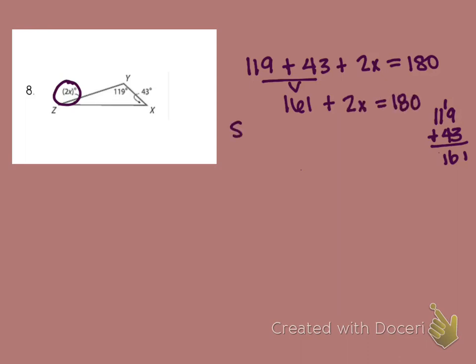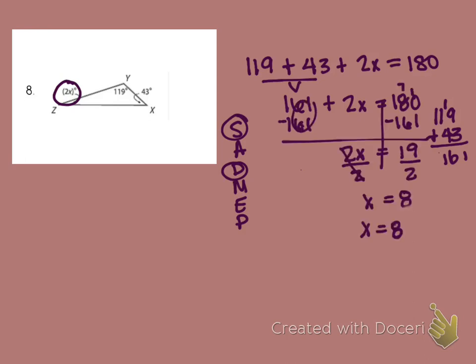So now we're relying on SADMEP to know what to do. This 161 is positive, so that means we're going to subtract. And 2x is multiplication, which means we are going to divide to solve. So press pause and then press play when you have finished solving. So here we get that x equals 8.